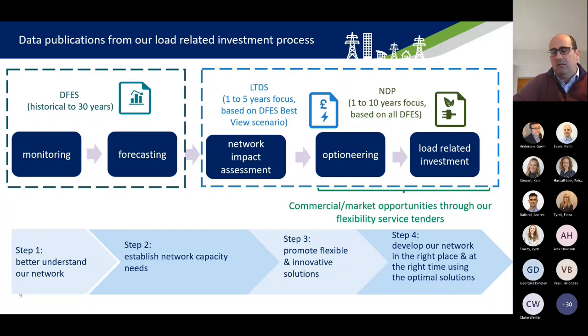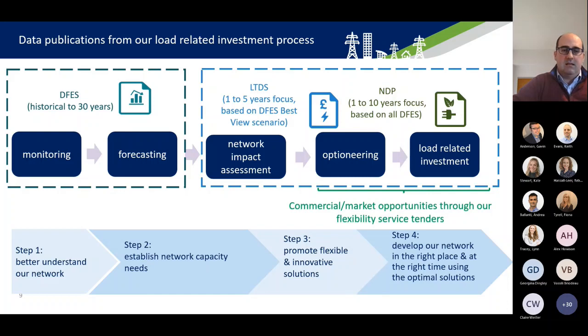So this is the second step of our process, where we try to establish the network capacity needs. The next step is to follow a flexibility first approach to define what intervention we need to release capacity.